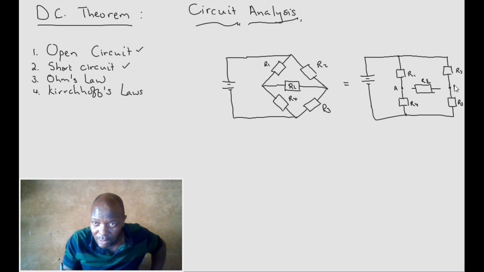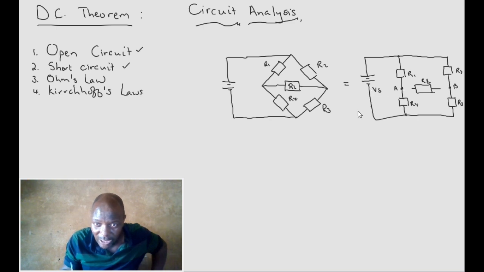So obviously if I have a supply here, V supply, these are two parallel circuits. V supply is across R1, R4, as much as it is across R2, R3. So these two are sharing V supply. So if I wanted the voltage at A, remember we always measure with reference to the negative.